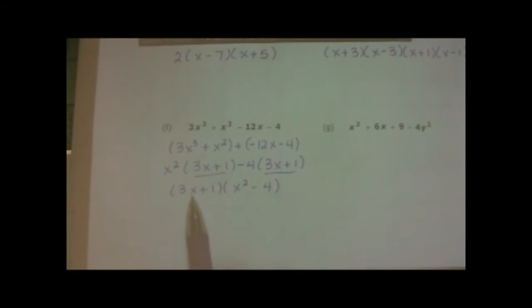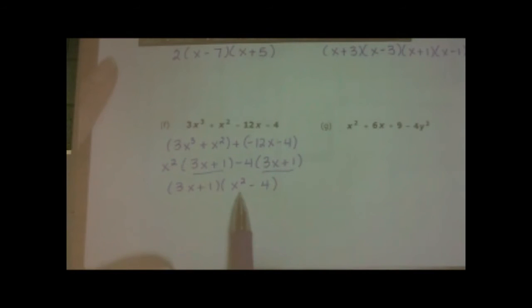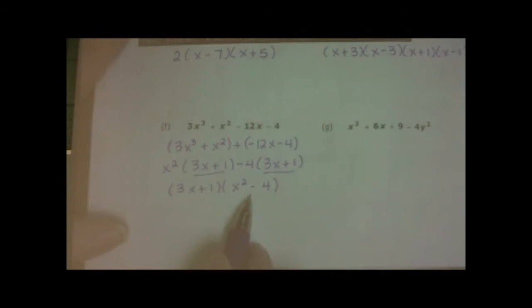Here we have a power of 1, so this isn't going to go further, but this is the power of 2. So let's try and see if it will go further. This has 2 terms, so I'm looking for difference of squares or sum and difference of cubes. This is the difference of squares, the square of x and the square of 2. So this is going to be x plus 2, x minus 2.